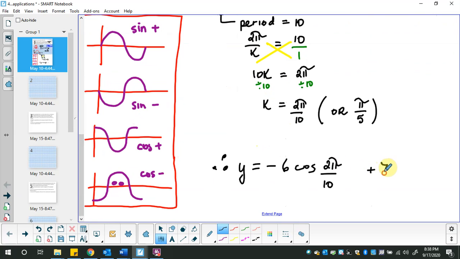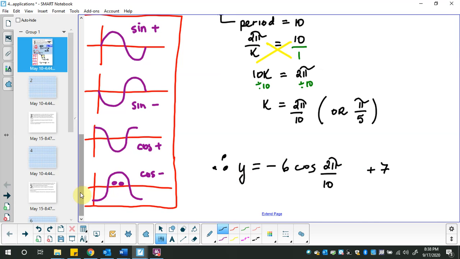Now, I want you to know that this is not the correct answer, because in order to graph any of these or sketch any of these, you need an x and a y. So here's my y. I could put an x here if I wanted to. I could put a t here. I could put whatever letter I wanted to represent whatever it is that we're talking about.